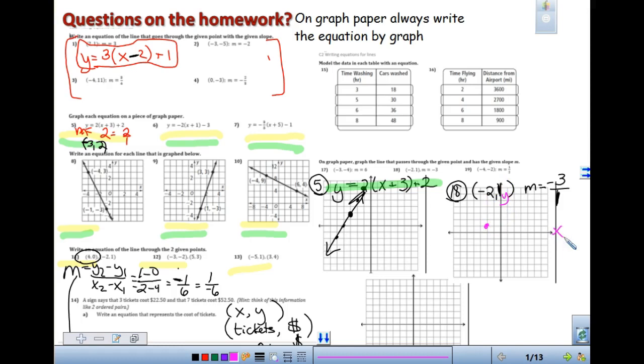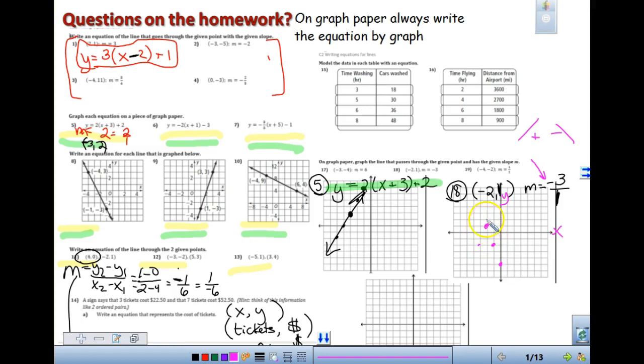If I'm looking at a slope of negative 3, again, someone said this morning, draw the eyebrows of the face, right? That helps me make sure I graph my line the right way. Negative slope is going down. So I know this line has to go down. If you go down 3 and you go 1 this way, my line is not slanted in the right direction. So I have to go down 3 and over 1.